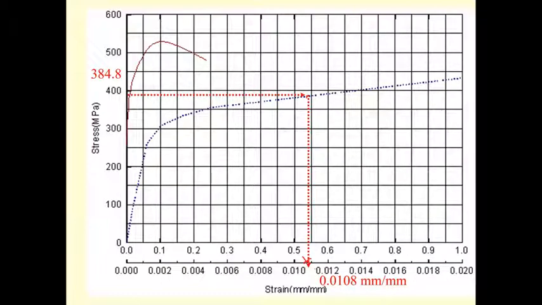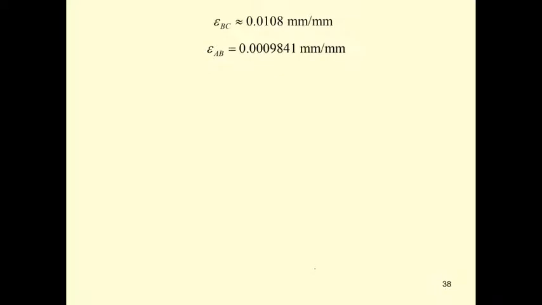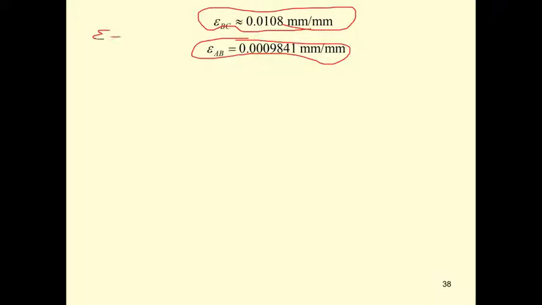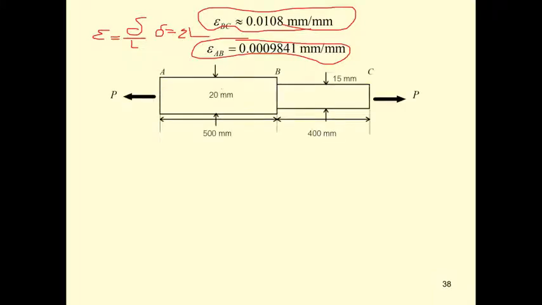So we have the strain of BC very big due to the plastic behavior. The strain of AB is very small due to elastic behavior. Then strain equals deformation divided by L, so the deformation, the elongation, is the strain times L. You multiply each strain by its original length, 500 times this and 400 times this one.